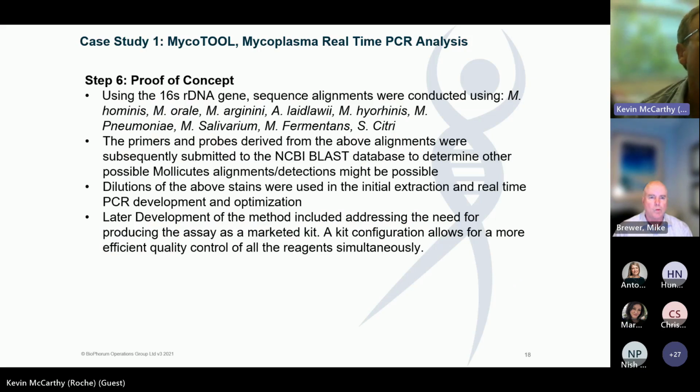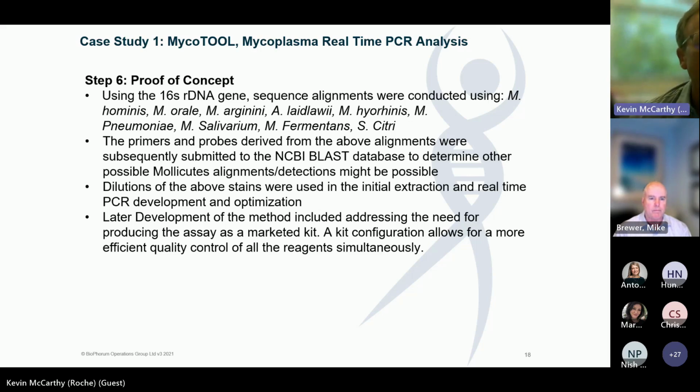So let's go on to step 6, which is proof of concept. We started out using the 16S DNA gene and aligning the sequences for Mycoplasma hominis, orale, arginini, Acholeplasma laidlawii, Mycoplasma hyorhinis, pneumoniae, salivarium, fermentans, and Spiroplasma citri.